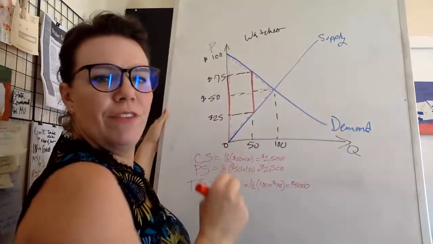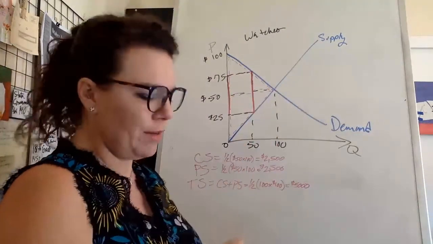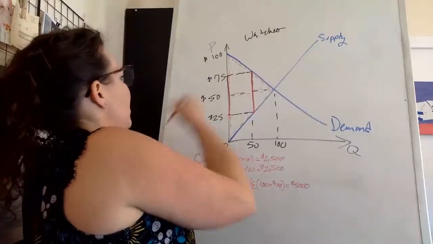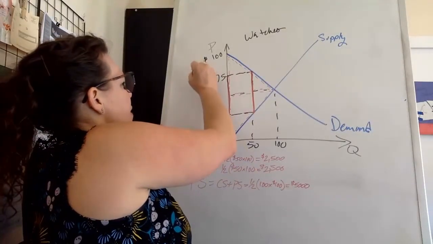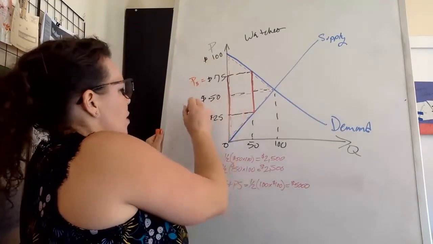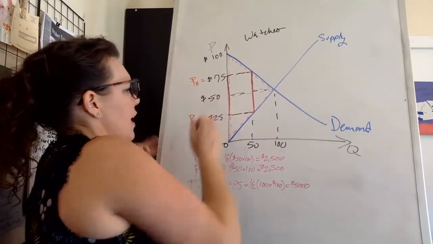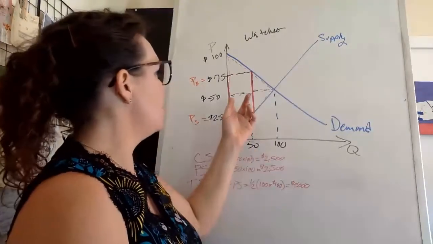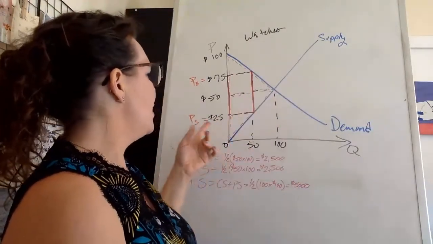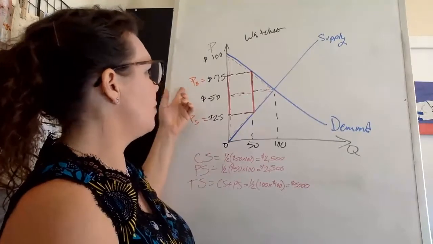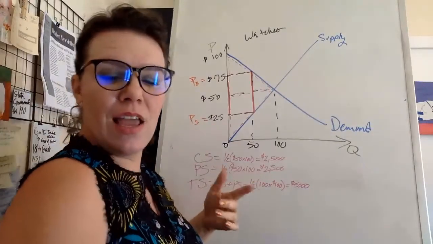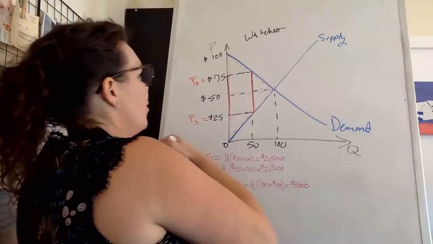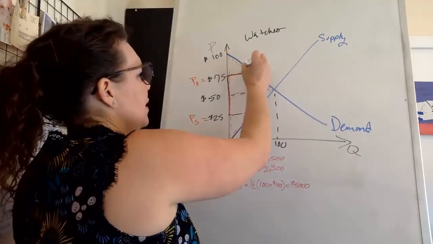So our $50 tax means that now the price that buyers pay is $75, and the price that sellers get is $25, right? They used to have an equilibrium price of $50. Now sellers get $25, buyers pay $75, and $50 goes to the government, which means the tax revenue is this rectangle here, right?